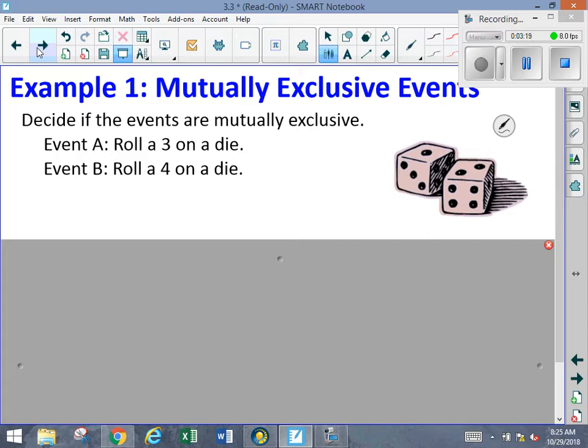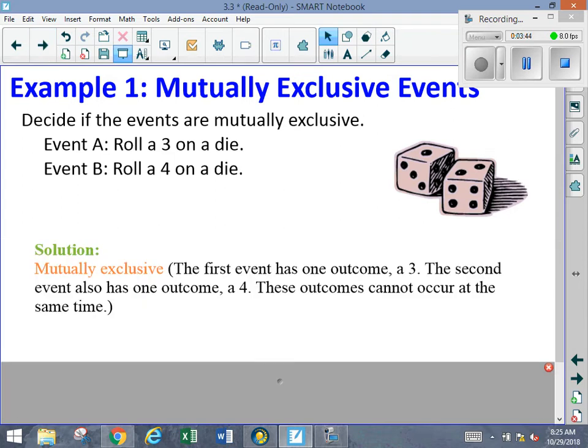It took me a little while to parse it out, because I was like, wait, are we rolling 2 dice? But what we're really saying is, if you're rolling 1 die, is it possible to roll a 3 and a 4?